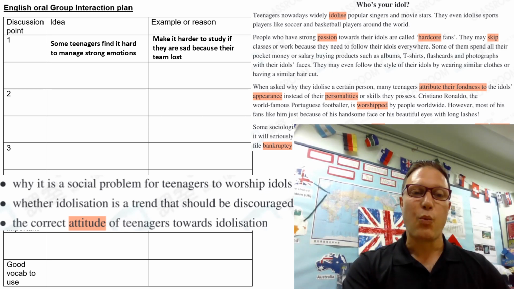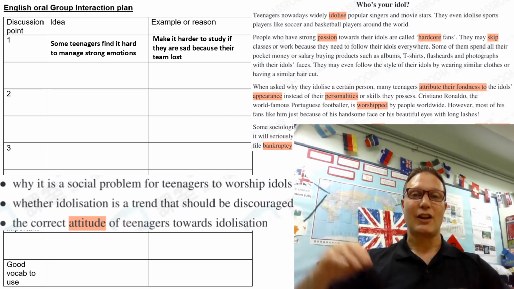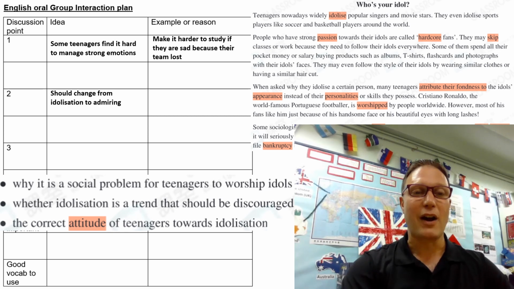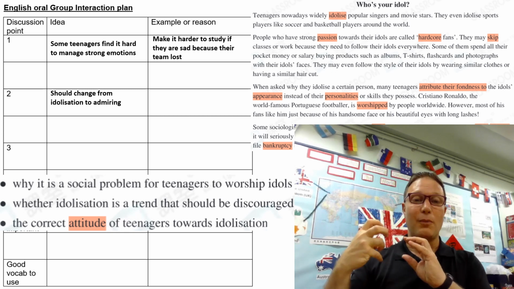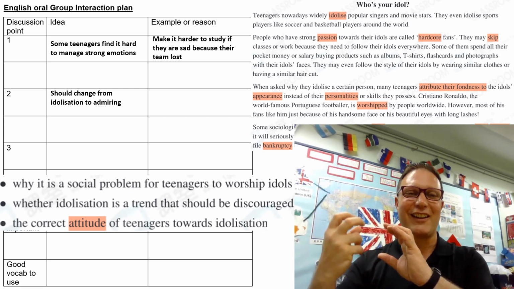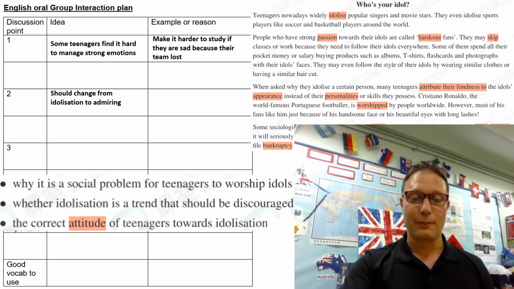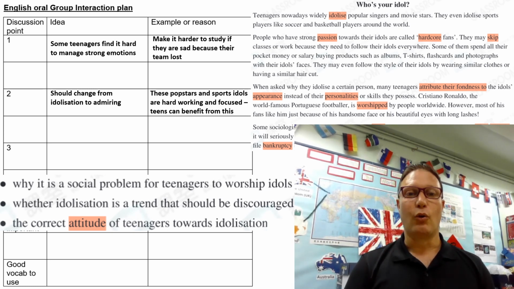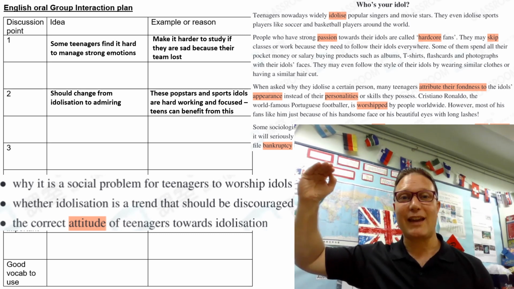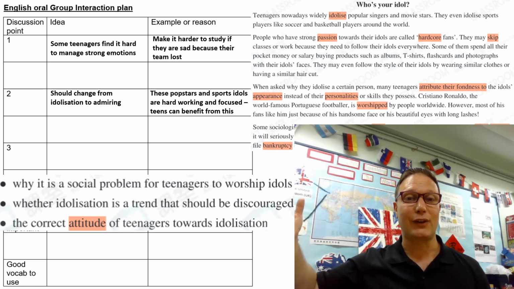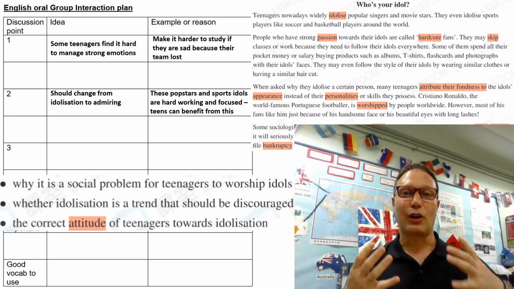Second question, whether idealization is a trend that should be discouraged. We should stop it. So my idea is we should change from idealization to admiring. So for example, with K-pop or sports idols, these people are at the top of their game, or the best singers, or the most successful, because they are so focused and they put a lot of effort in.